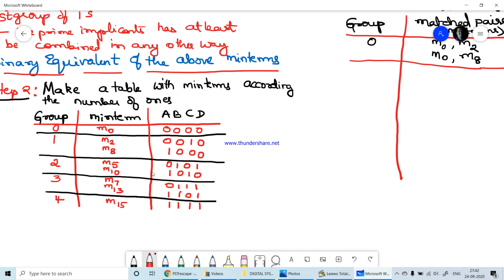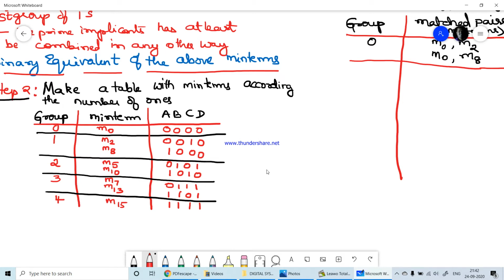The reason is that we have already arranged the bit sequences by the number of ones in each binary sequence. If you take group 2 and group 4, group 2 has 2 ones and group 4 has 4 ones, which means you already have a 2 bit position difference. When finding matched pairs, you can have only 1 bit difference.